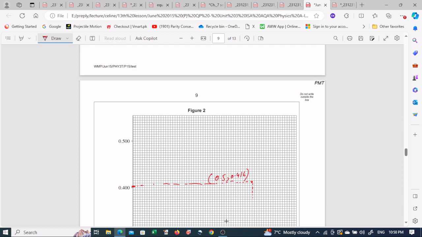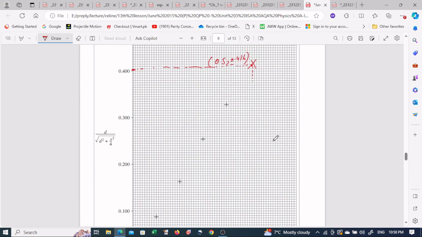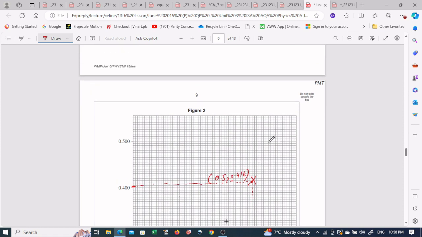This point is a cross, we make the cross. Now similarly the next point is 0.6, this point is 0.6. We move forward, and for 0.495 we move from here to almost here. Here is the cross.